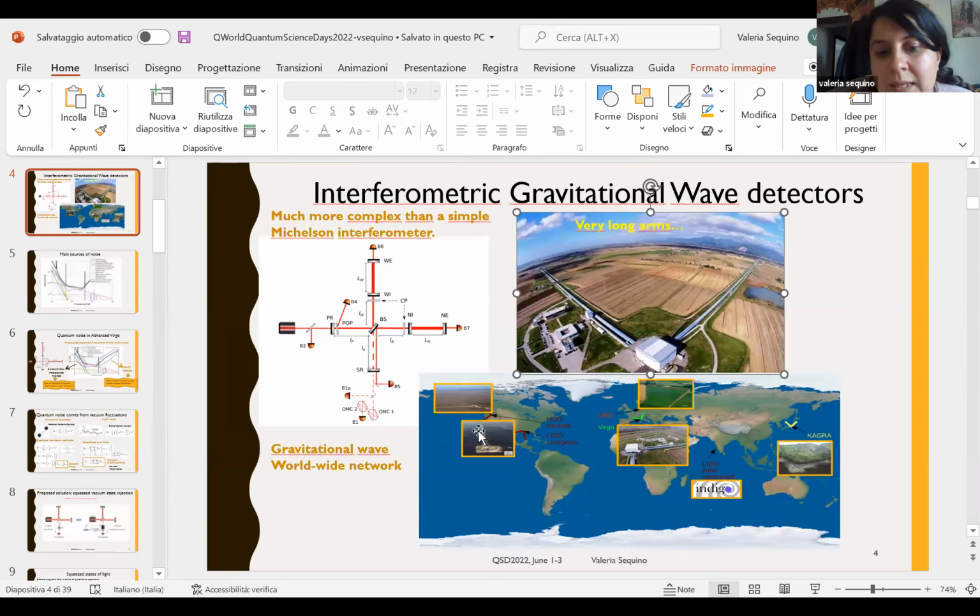The fact that it was seen in a certain way by the LIGO interferometers and less by Virgo gave very useful information on the sky location of the source.